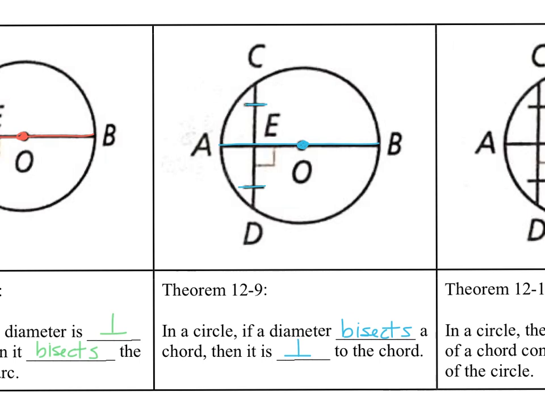If we know those things, then what we can conclude is that this will be perpendicular. So very similar to the last one, right? Just looking at it with two different pieces of information. Pretty much all three of these have three pieces of information, two that you know, and then one that you know because you know the other two already.